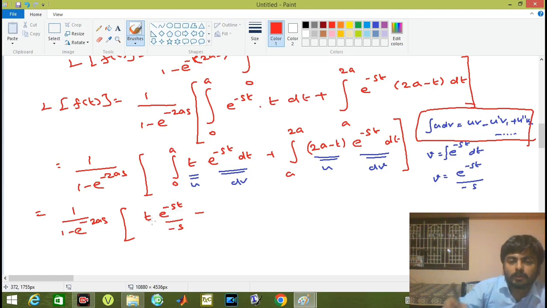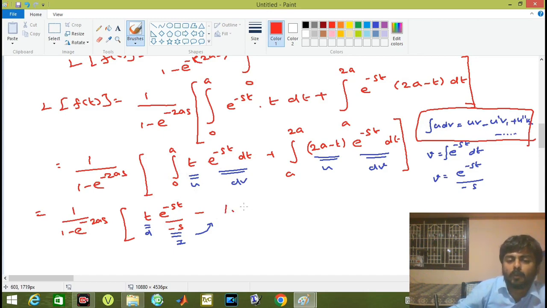So you have to differentiate this, and you have to integrate this, which will give the next term, uv minus u dash v1. So this is nothing but 1.